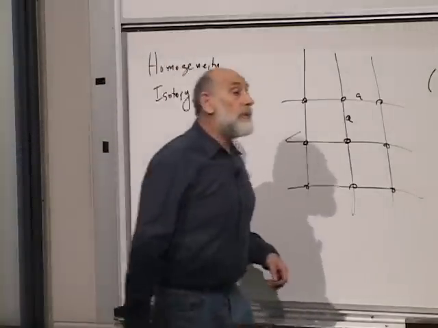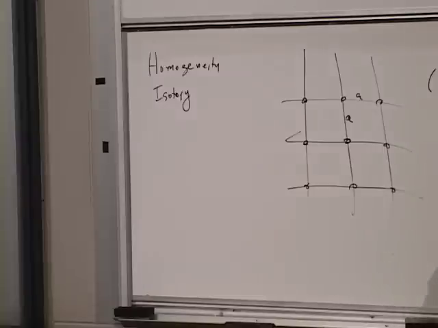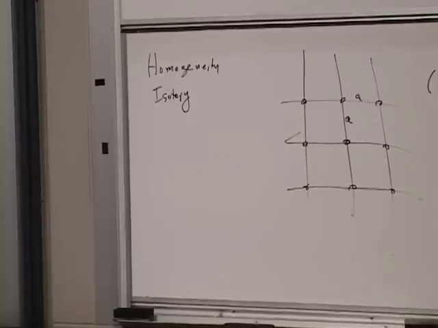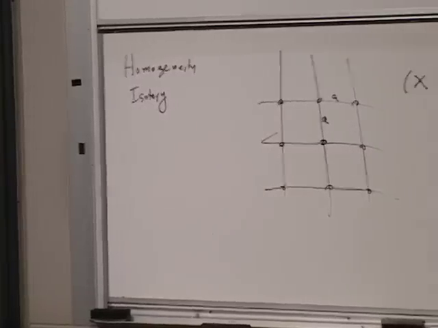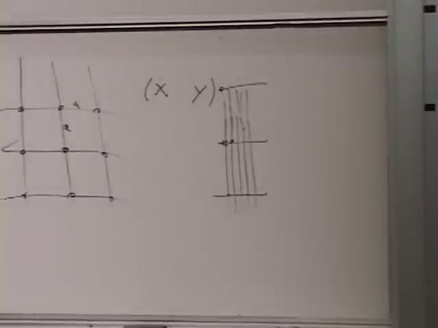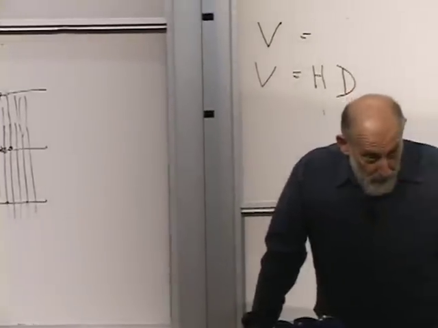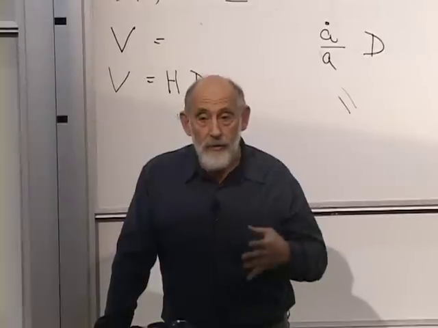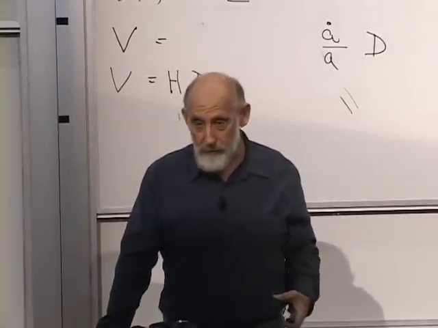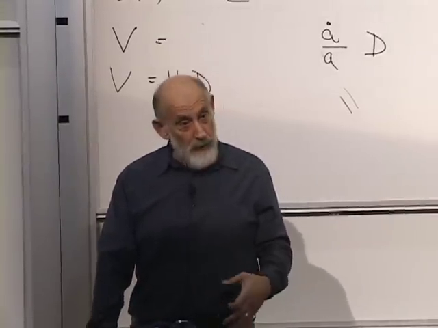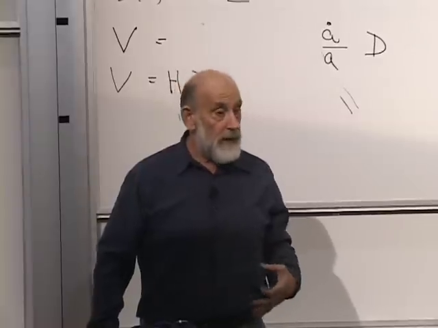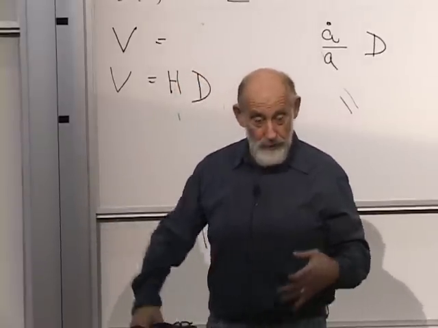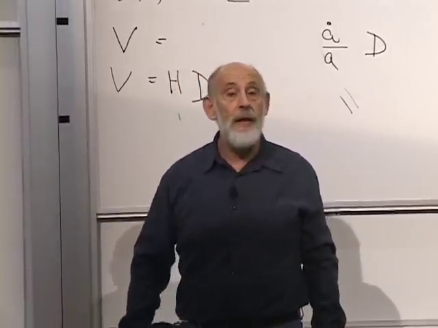Now, how well do we really know that the universe is, or how well did Hubble, or the people at that time, really know that the universe was homogeneous? And the answer is not very well at all. They were able to look through telescopes only to a minute fraction of what we can see today. So really, there was no good reason to believe that the universe was homogeneous on scales much bigger than they could see.